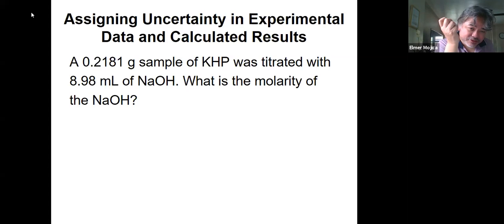Okay, so a 0.2181 gram sample of KHP was titrated with 8.98 mL of NaOH. You are asked, what is the molarity of NaOH? So how can we solve this problem?